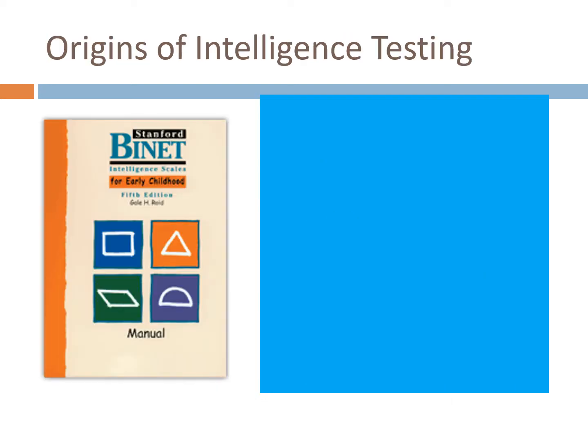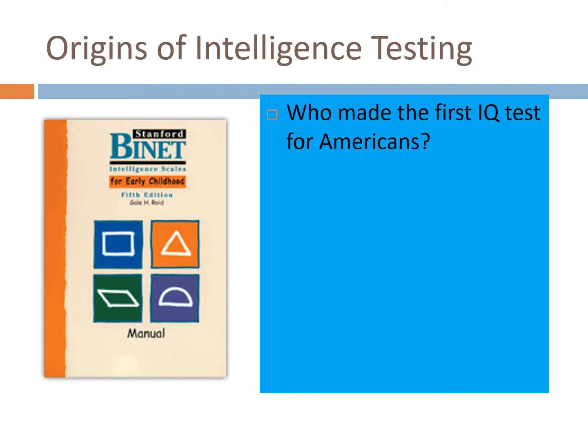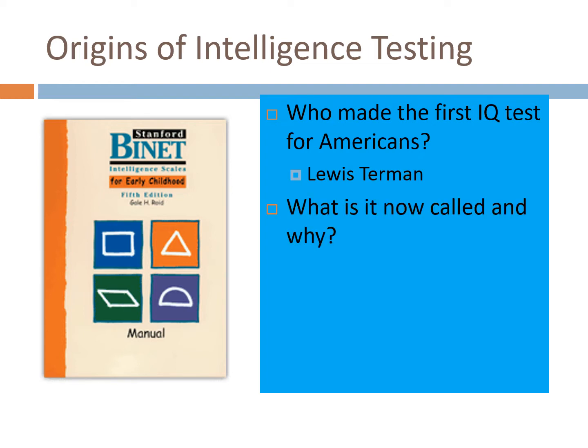So moving on from the Simon-Binet scale, once the IQ test, the intelligence quotient test, reached America, there was a gentleman named Louis Terman that took over it and made it the test that was given to school children in the United States, right?